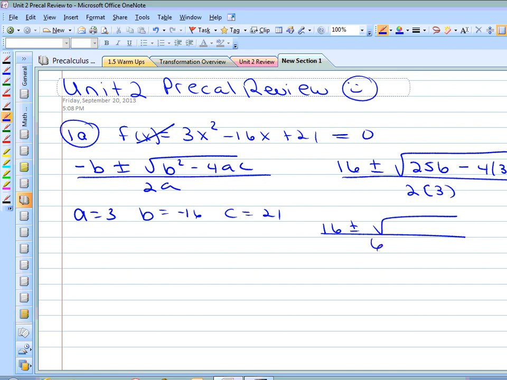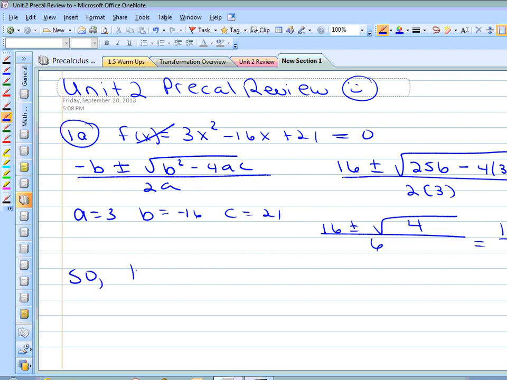Now, if I go through and multiply this out, I'm going to get 256 minus 4 times 3 times 21. I'm going to end up with just 4. That makes it really nice. So I end up with 16 plus or minus the square root of 4, which is 2, all over 6. So here are my two equations.